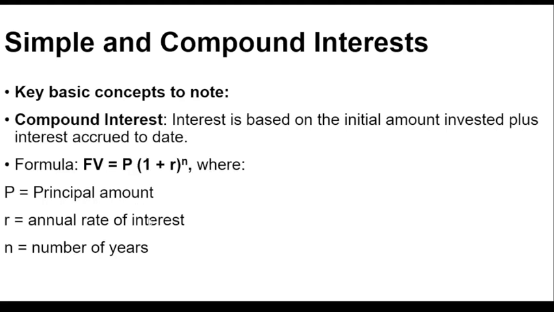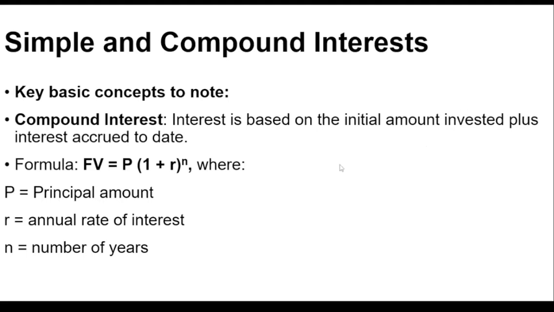We are going to look at compound interest as well. Compound interest is a specific form of interest where the interest is based on the initial amount invested plus interest accrued to date. So with compound interest, interest is earned on principal plus interest. Unlike simple interest, where the interest is earned on only the amount invested, with compound interest, interest is earned on interest plus principal.